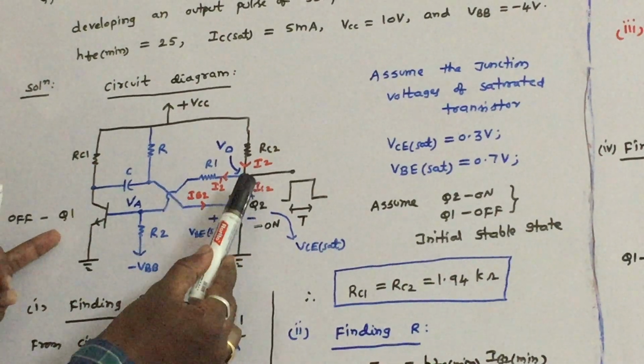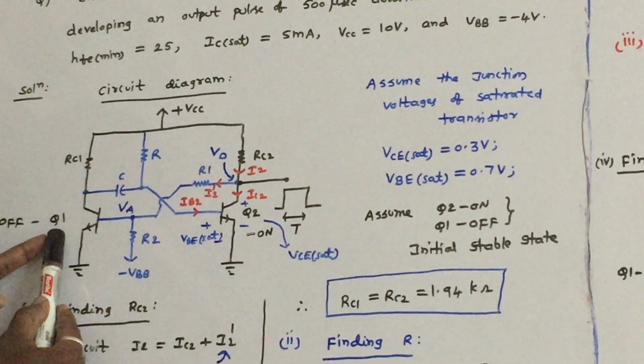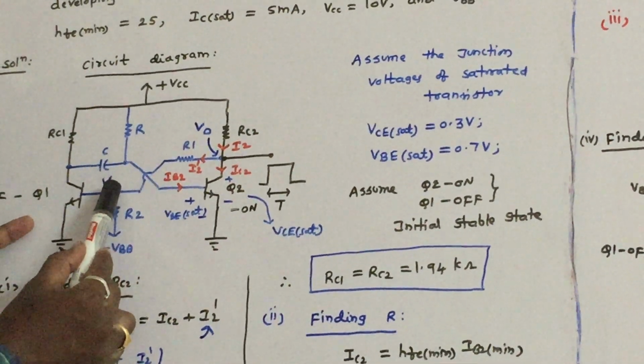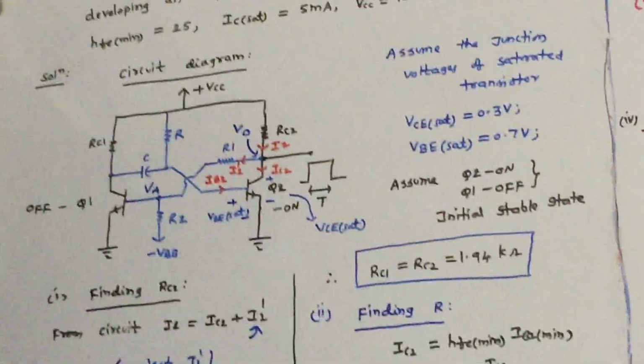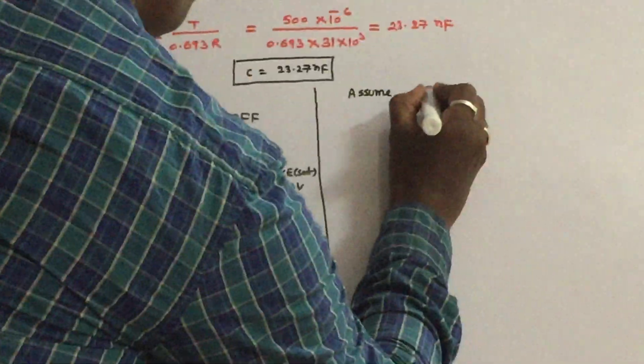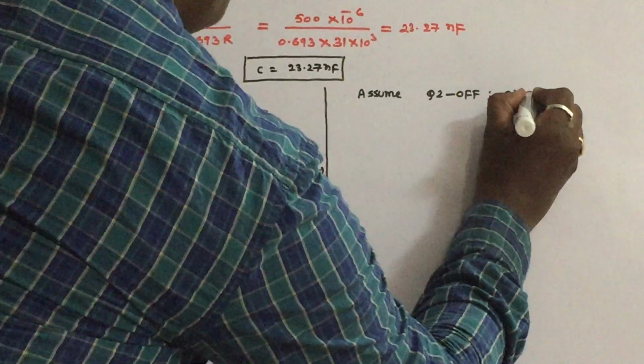Now assume Q2 is in off condition and Q1 is in on condition. Take this branch VCC, RC2, R1 and VA. So let us draw this circuit. The circuit is very important. So assume Q2 is in off condition and Q1 is turned into on condition.